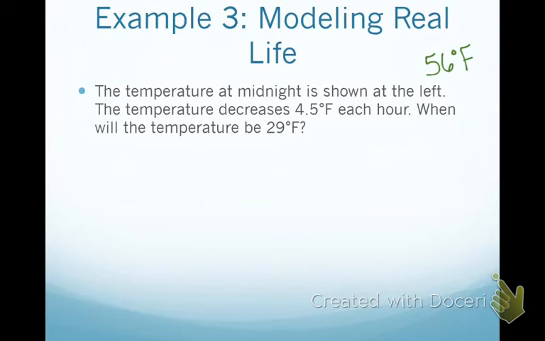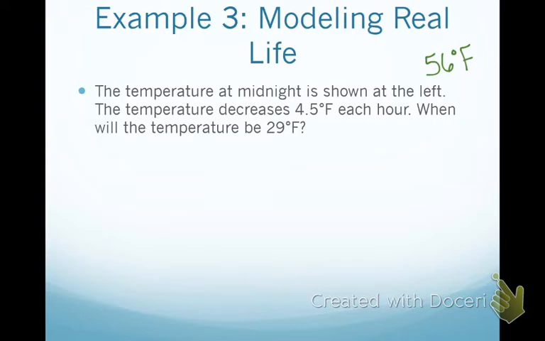Hold on. Yes. I know that it's 56 degrees now. What is my final temperature? What do I want my final temperature to be? 29. So is there a way I can figure out how much it needs to drop? Not divide.